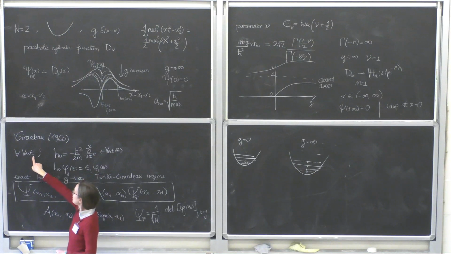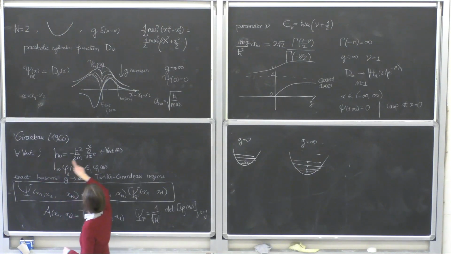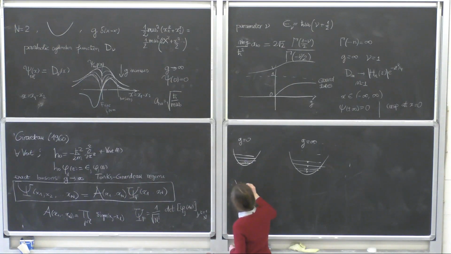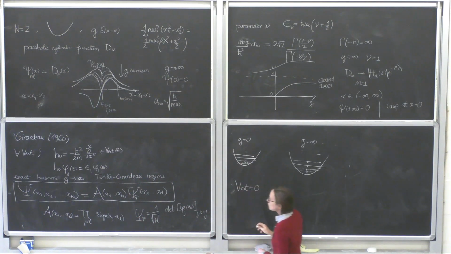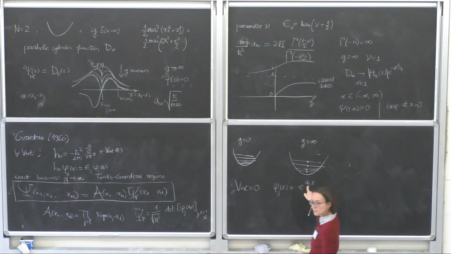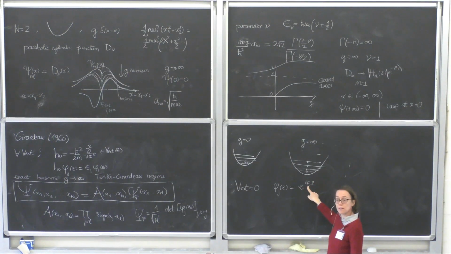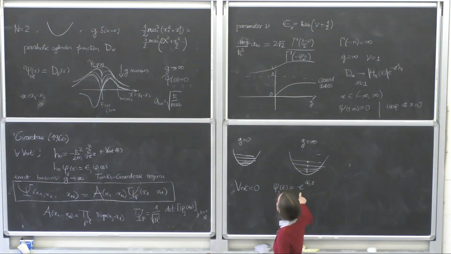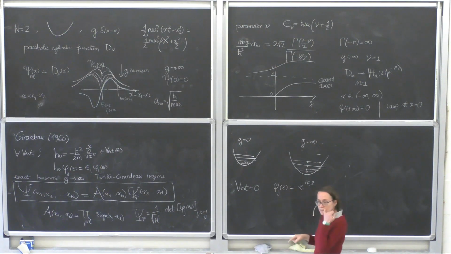You can see that easily because if V(x) is equal to 0, I have no external potential, then the phi j are just the plane waves with some wave vectors that we fix by solving a non-interacting problem. And in this case, I recover the Bethe ansatz solution.